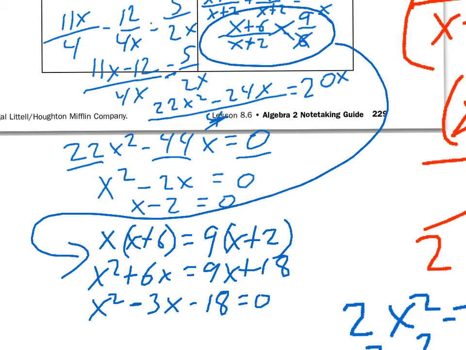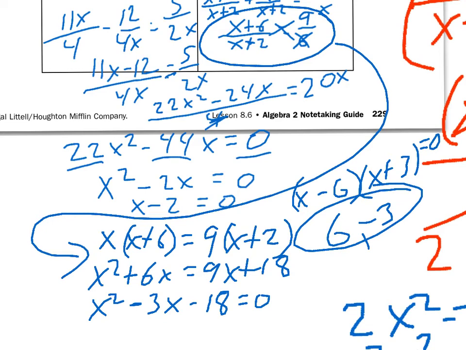And numbers that I multiply together to get 18 and add together to get 3 would be 3 and 6. So I would have x minus 6 and x plus 3 equals 0 if I factor that. Holy, I apologize for all this. And therefore my answers would be 6 and negative 3.